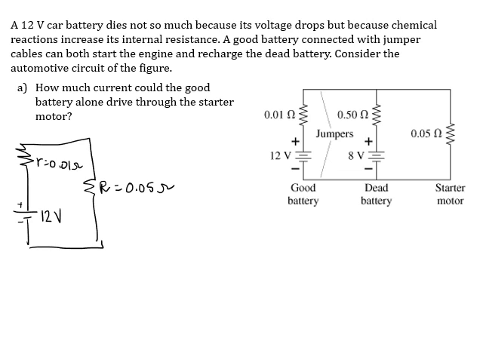So we know that the battery is going to put out a current I. We can write our Kirchhoff's loop rule where we're coming around the loop this way. In our loop rule, we have a potential increase due to the good battery of 12 volts because we go from the negative terminal to the positive as we go around our loop. We go through the battery where our loop direction matches the direction of our current, so we get a potential drop.